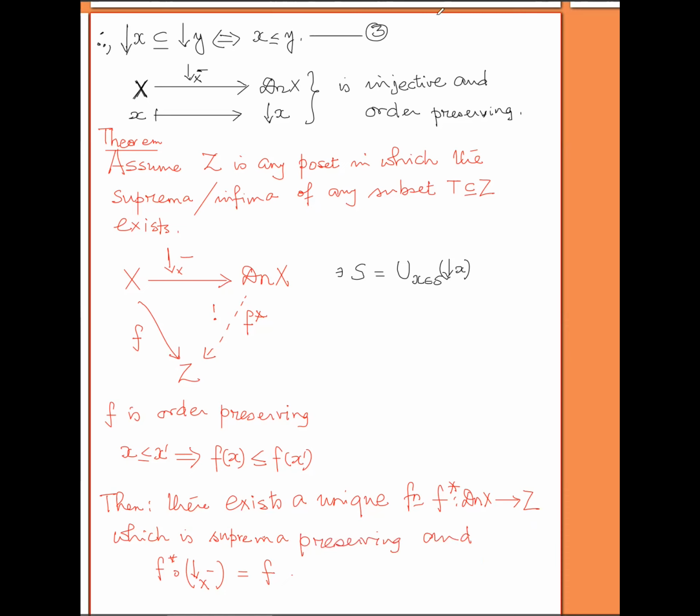So it is going to preserve this suprema. So this is the suprema here. Then it must go to the suprema. So the suprema of this must be preserved. So where should it go? So it should go, therefore, to the suprema. So that must be the map.